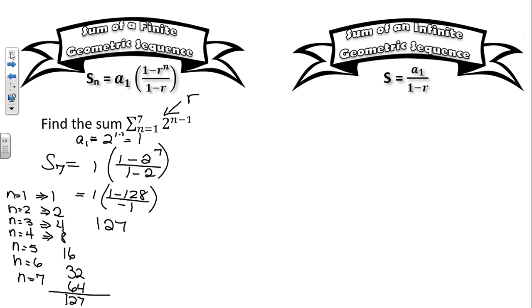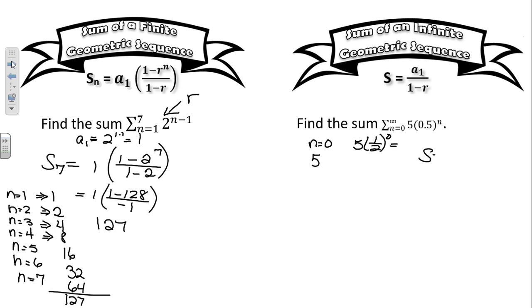Okay, so let's see how that works. We want to find the sum as n goes from 0 to infinity of 5 times 0.5 to the n. Let's figure out what our first term is. If n is 0, that means we're taking 5 times 1/2 to the 0 power, and we get a 1, so 1 times 5 is 5. That's our first term. Our sum of an infinite sequence will be 5 over 1 minus r.